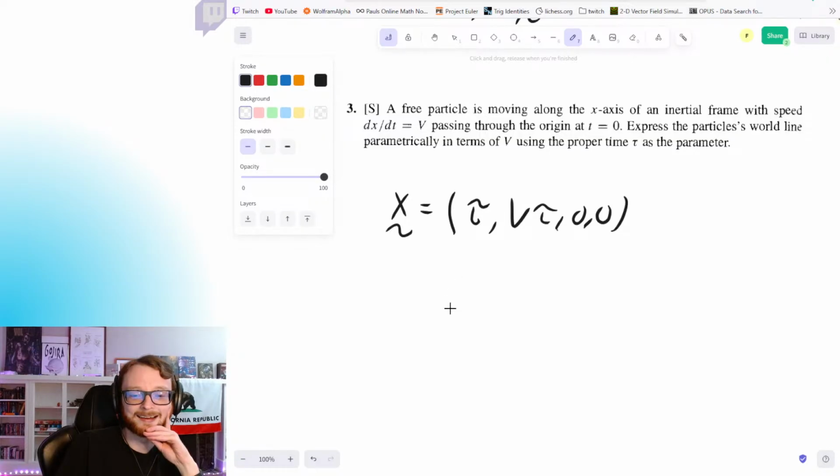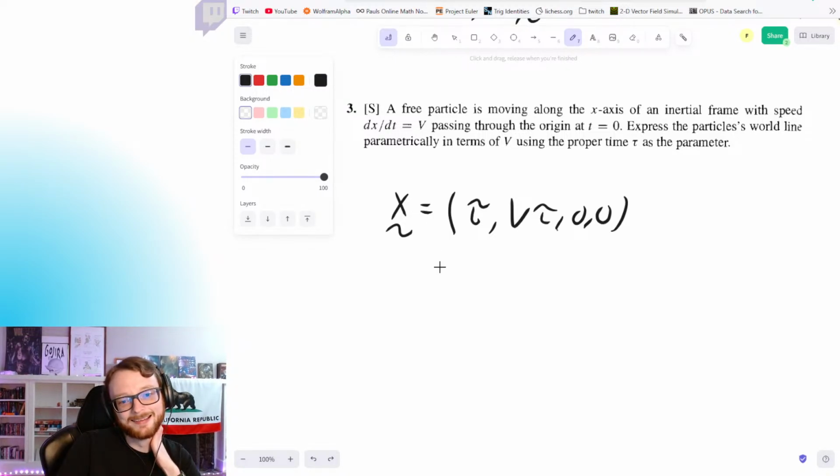And it's not moving in the y or z directions. I assume this is okay. Whatever we can make the time component anything we want, as long as the space component is v times that. I hope I'm not missing anything. The thing I'm worried about is whether tau is our time component or if it's more complicated.